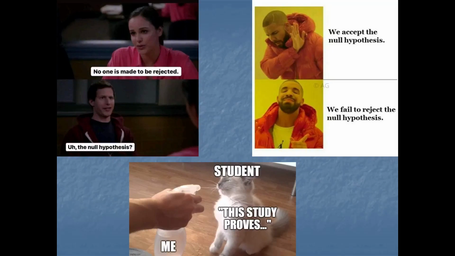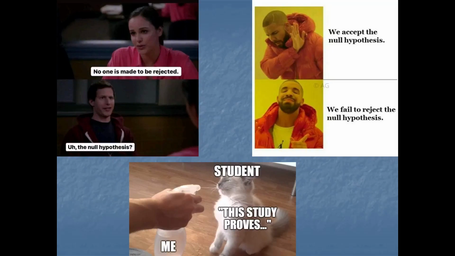So try and watch your language. If your p-value is below the alpha cutoff of 0.05 or whatever you chose, then yes, you can say you reject the null hypothesis. But if your p-value is above that alpha cutoff, then you just cannot conclude much at all in the standard way of doing statistical testing. You would say, I fail to reject the null hypothesis, and then you leave it at that until more data comes in.